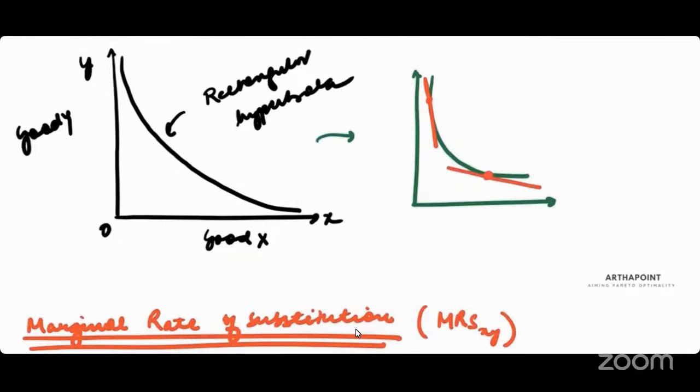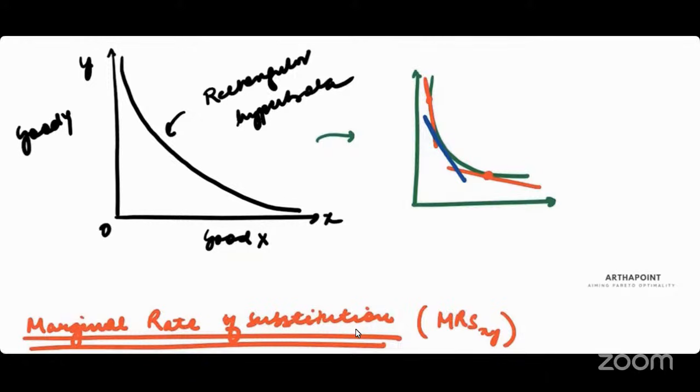If I have to measure the slope here, maybe a tangent line here will give me the slope. So at any point of a curve, if I have to find out what is the slope of that curve, I will draw a line tangent at that point, and that will give me the slope of that curve.